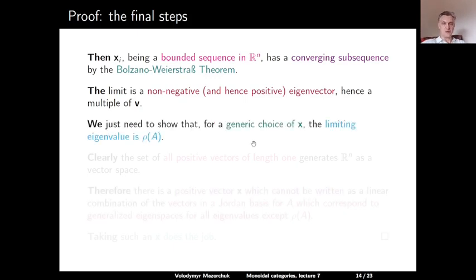So it remains to show that if we choose x generically, the limiting eigenvalue must be rho of A. Clearly, the set of all positive vectors of length 1 generates R^n as a vector space.